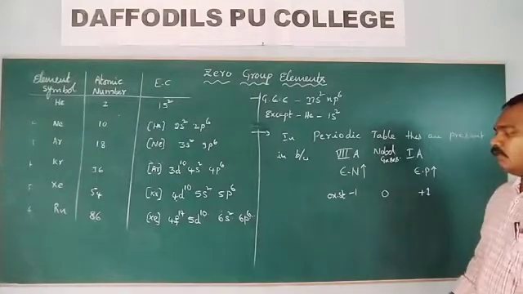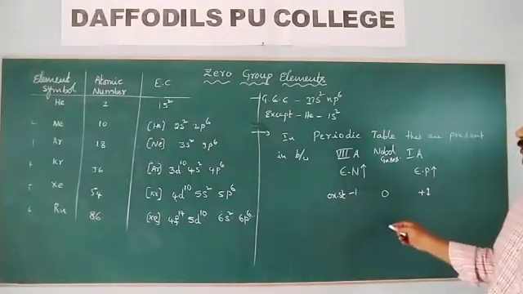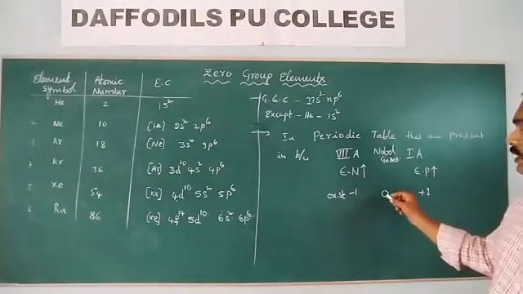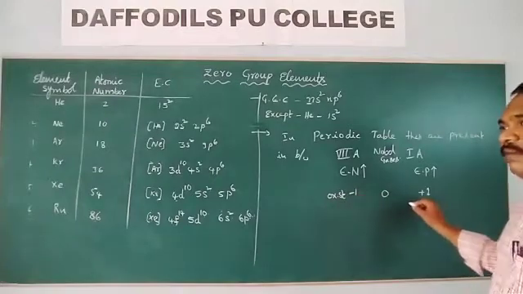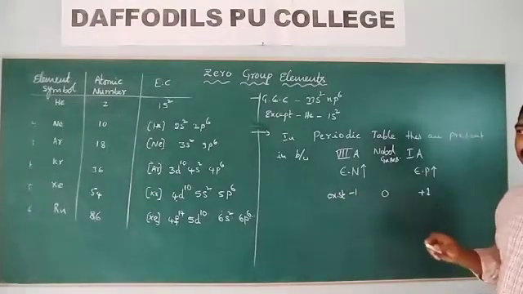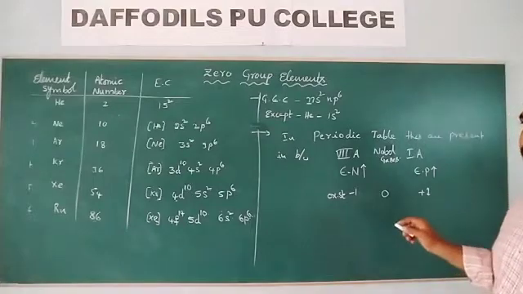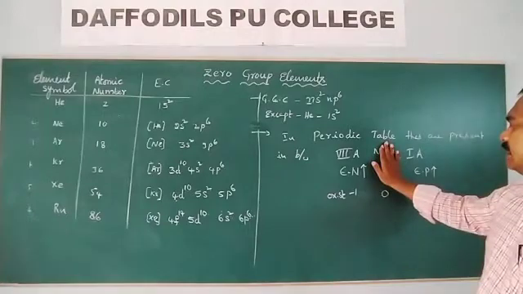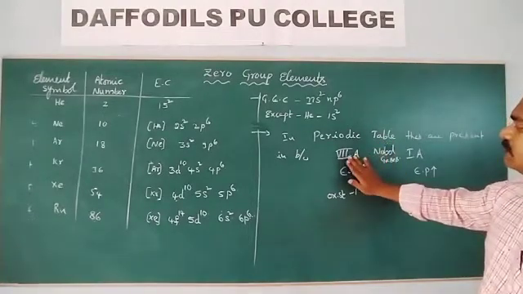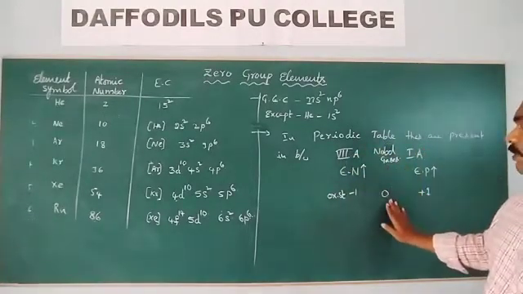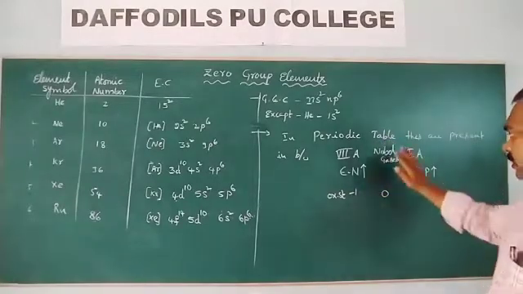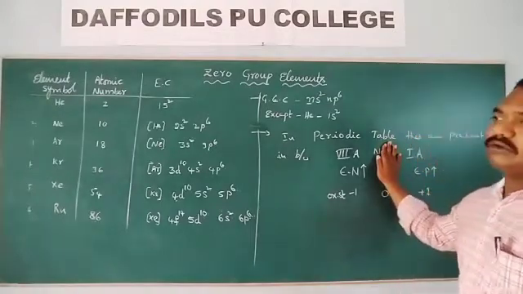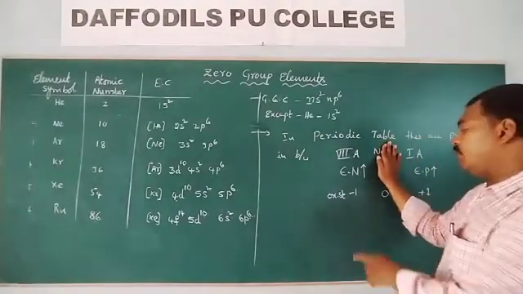So what we have to observe is that change in properties always occurs in a gradual manner. If you imagine that the zero group elements are not placed in between seventh A and first A group elements, then what would you observe?